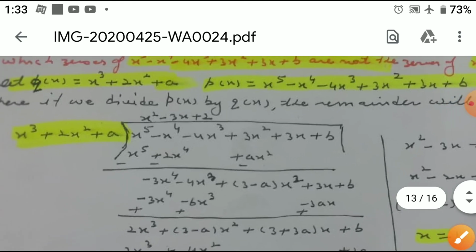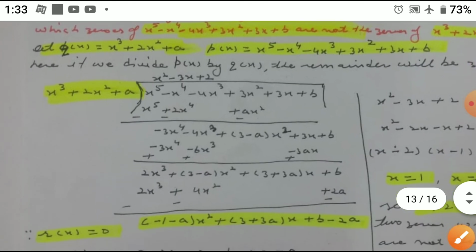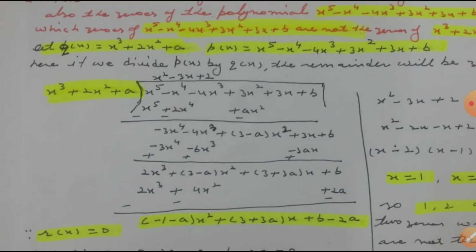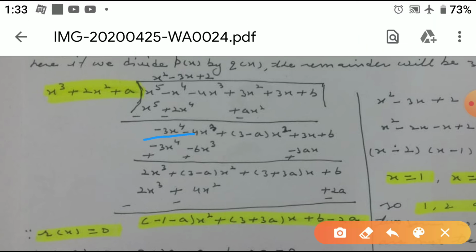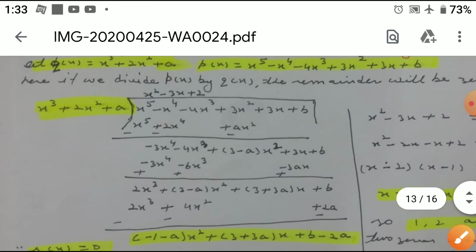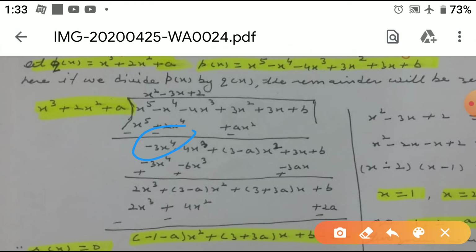And now further, it is minus 3x^4 minus 4x cube plus 3 minus a into x square plus 3x plus b. So to get minus 3x^4 here, x cube we have to multiply with minus 3x, right? So minus 3x you have to multiply.